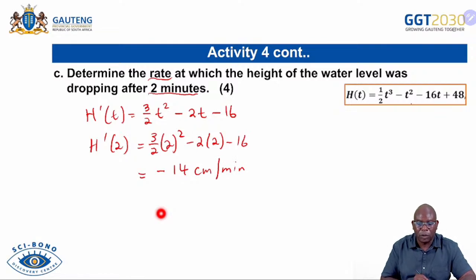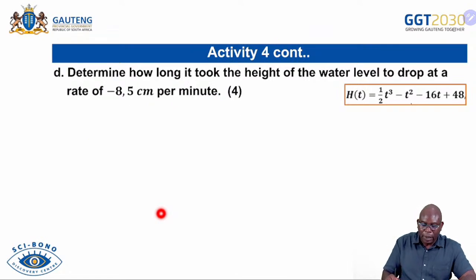All right. The next one talks to determine how long will it take. Now I need time, I need t. How long will it take for the height of the water level to drop at a rate of 8.5? In other words, the rate means that I'm talking about the derivative.